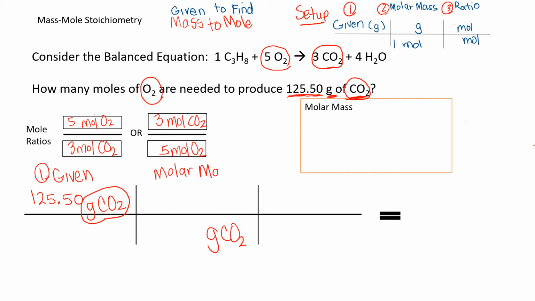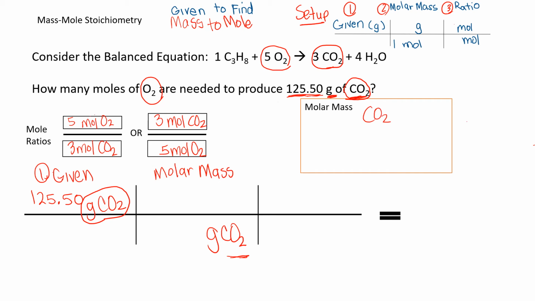So in the past example, if you remember, your step was ratio and then molar mass. But this one flips it, because rather than giving us a given that was in moles, now they're giving us a given that is in grams. So we'll find the molar mass of CO2 because that's the one being mentioned.